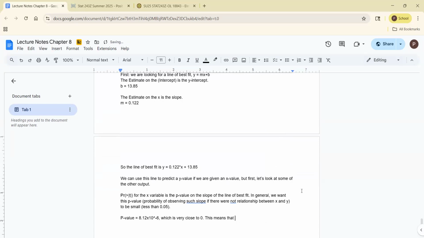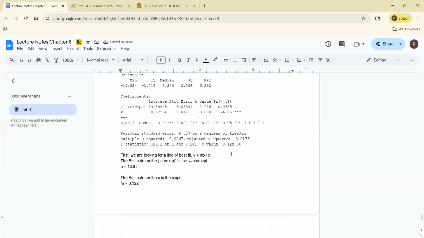This means that the slope is an excellent predictor of the y value when you know the x value. And then the other piece that we're going to worry about is this multiple r squared.